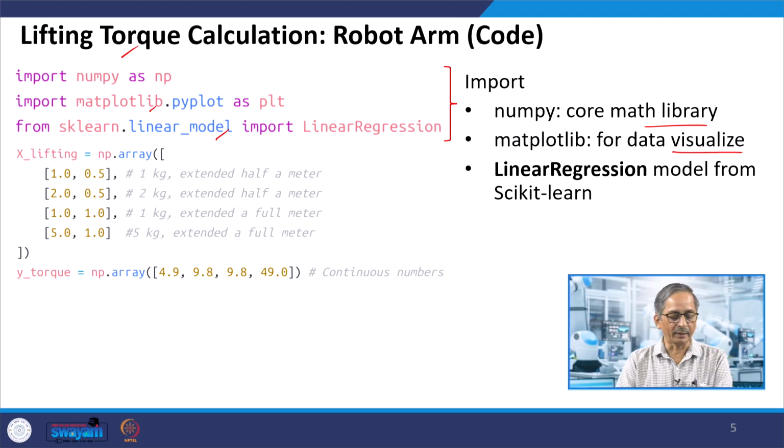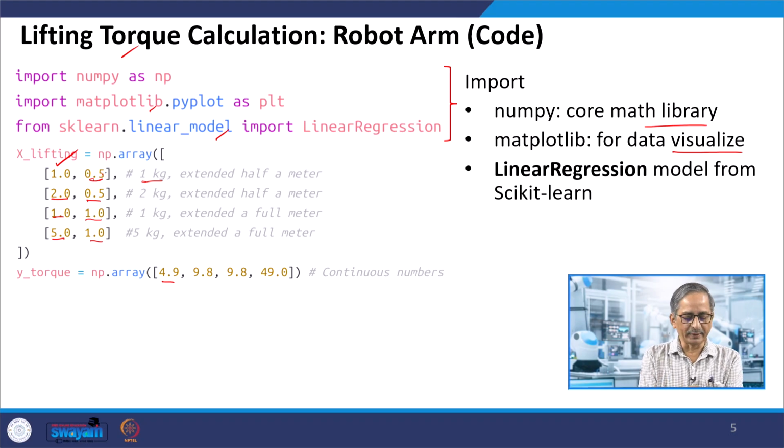Here I have this synthetic data which we have generated: 1 kg weight extended half a meter, then 2 kg weight extended half a meter, again 1 kg weight extended by 1 meter, and 5 kg weight extended by 1 meter. Then the torque requirement is again synthetic data, obtained by multiplying mass with g and with the arm length.